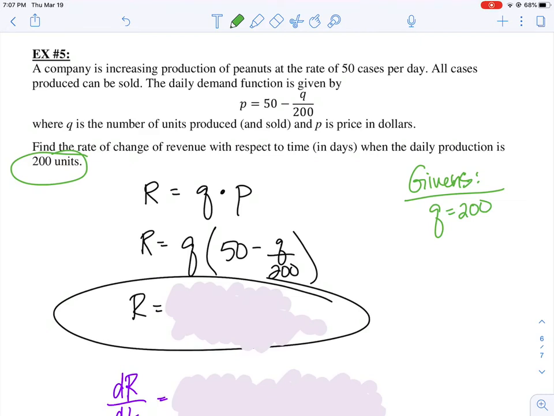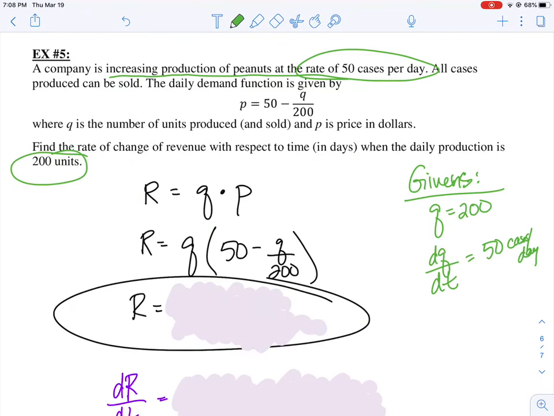And it also said somewhere above, here it is, that the production is increasing at a rate of. So they're making more and more and more cases per day. So the quantity over time, can I call that dQ/dt, is increasing, so positive 50 cases per day.